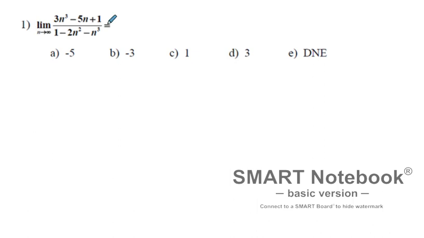So anyway, problem 1, we have the limit as n approaches infinity of this expression: 3n cubed minus 5n plus 1 over 1 minus 2n squared minus n cubed.